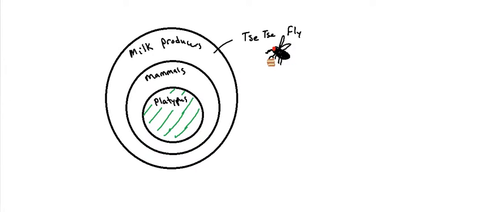If we thought about a Venn diagram of the syllogism we just constructed, we would see that we have mammals being a subset of milk producers and platypus being a subset of mammals.